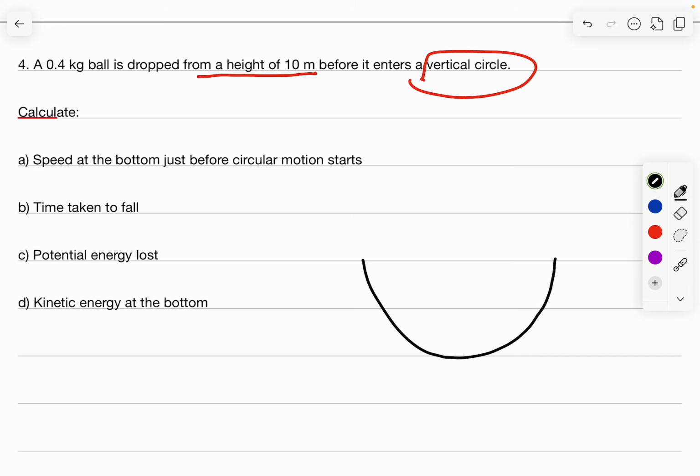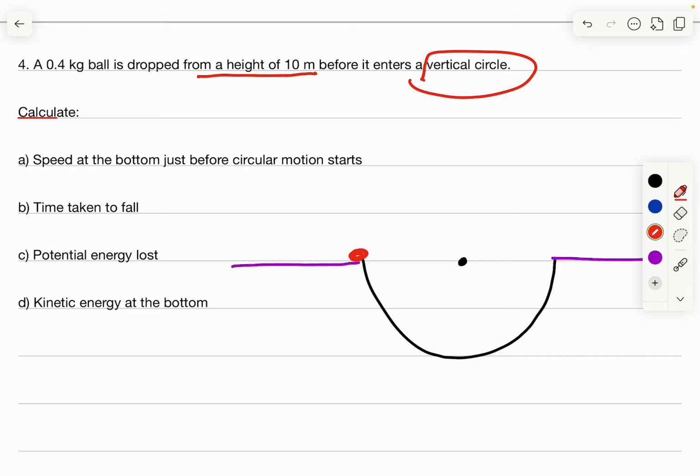This is your circle. This is the ball, and they say the ball is dropped from a height of 10 meters. Let's say that ball is here. Let me draw this scenario.